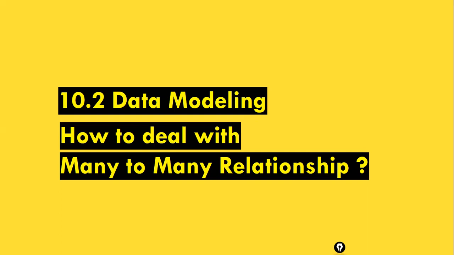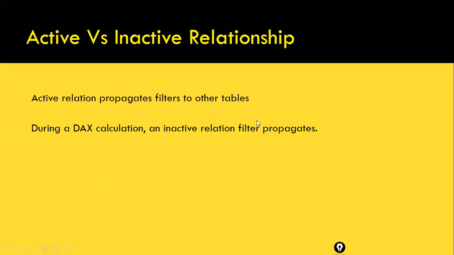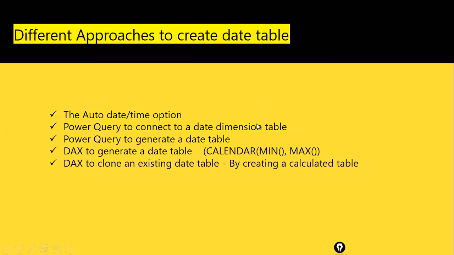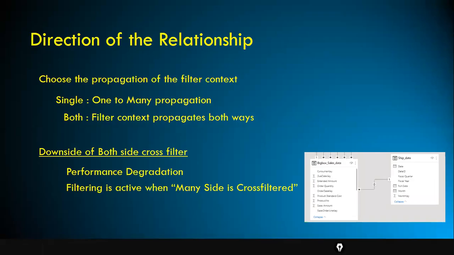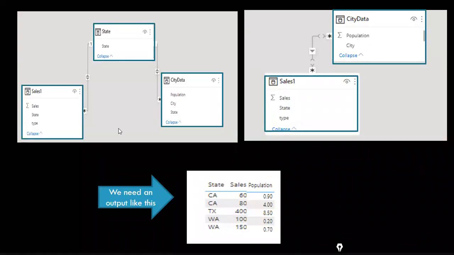For this, I will give you an example. Like we'll take this one. If you look at this example, look here. Here you have the sales table and you have city table. City data and sales table. On the right side, city data is a table name and sales is a table name. Let us look at this one here.